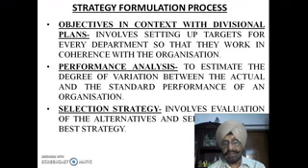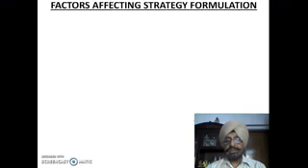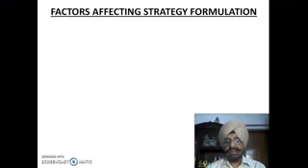That is, when a number of opportunities are available, which one to go for. Say expansion: we have studied a number of types of expansion strategy, concentration or diversification, or internationalization or global, etc. Having studied this, now let us go on to the factors which will be affecting the strategy formulation.